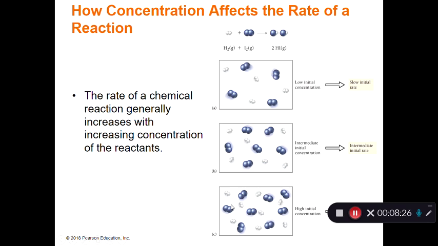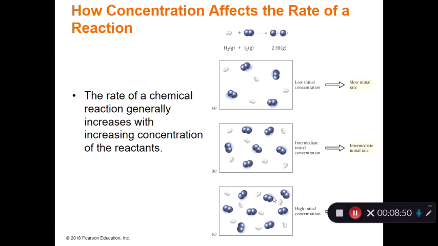Let me work with the last one, high initial concentration. As you see here, we increase this number to 8: 2, 4, 6, 8 molecules of hydrogen and 8 molecules of iodine. So it looks like we have more chance for collisions.